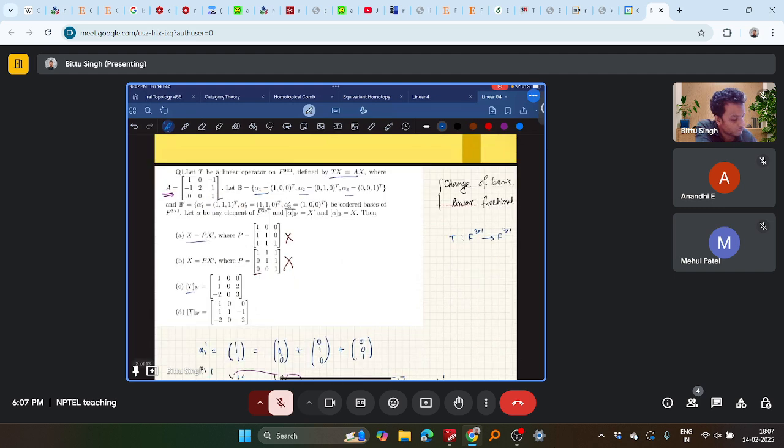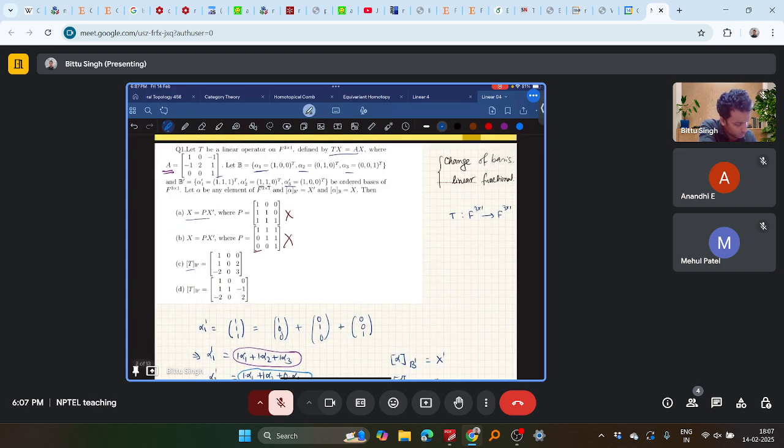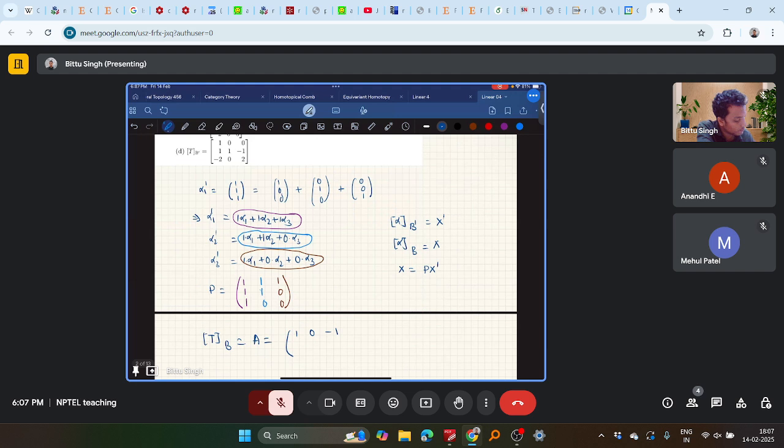The first row is 1 0 minus 1, the second row is minus 1 2 1, and this is 0 0 1.